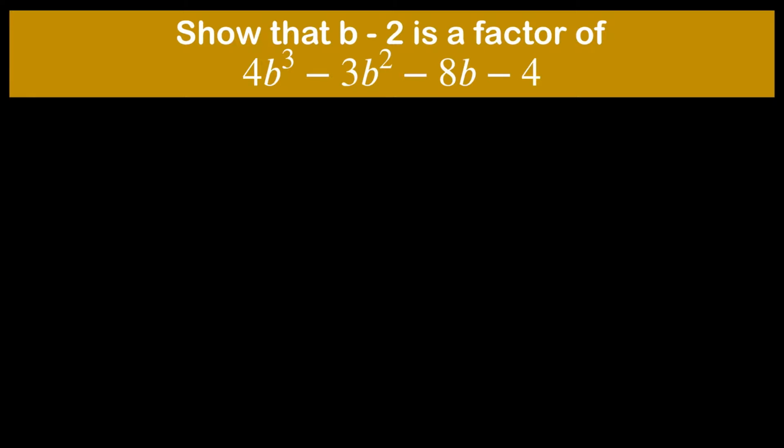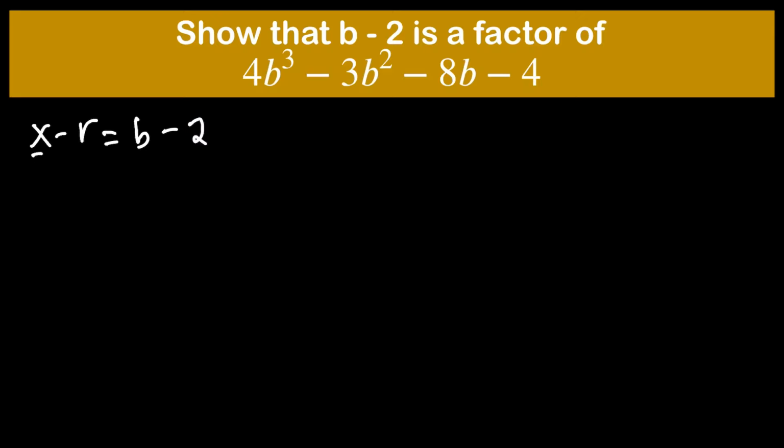Let's have the last example. Show that b minus 2 is a factor of 4b cubed minus 3b squared minus 8b minus 4. Again, we need to solve for the value of r. We know that x minus r is equal to b minus 2.